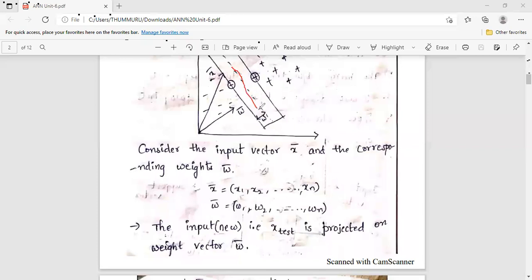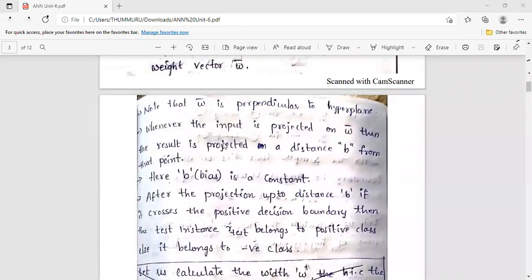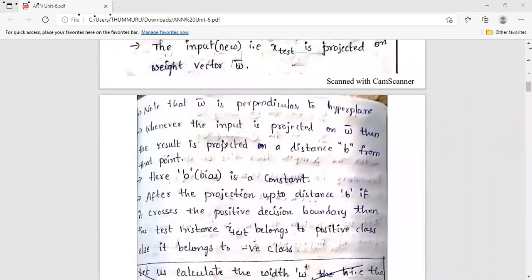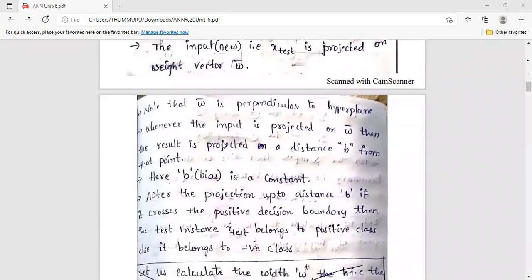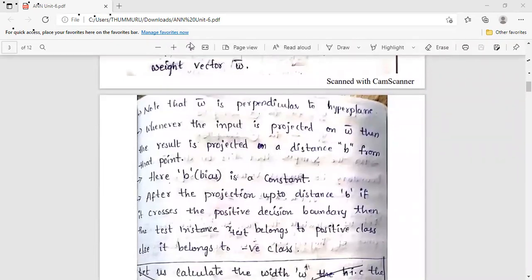This is the hyperplane line. So this W bar is perpendicular to this hyperplane, isn't it? Okay, right?